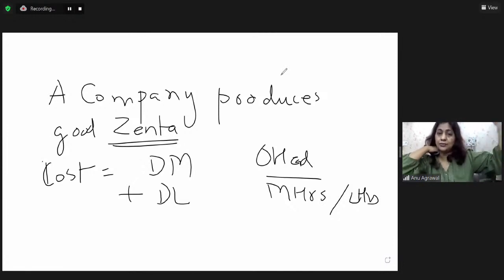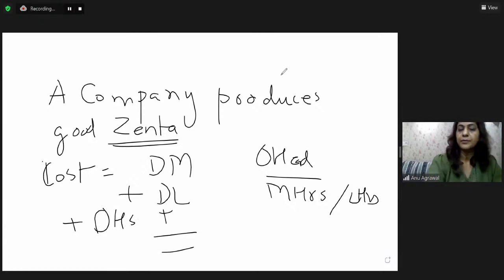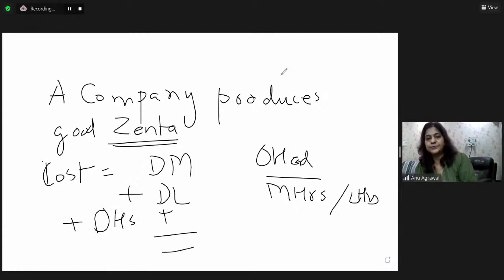I can have any of those methods which I studied in overhead costing, and I can just absorb the overheads here and find out the per unit cost. Even if the absorption rate is less or more, anyway, it has to go only on this product. Nothing to worry. Basically, it's only one product. All the overheads, everything is on that one product only.